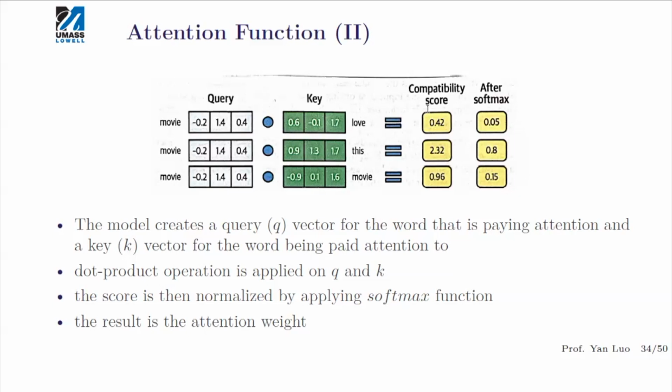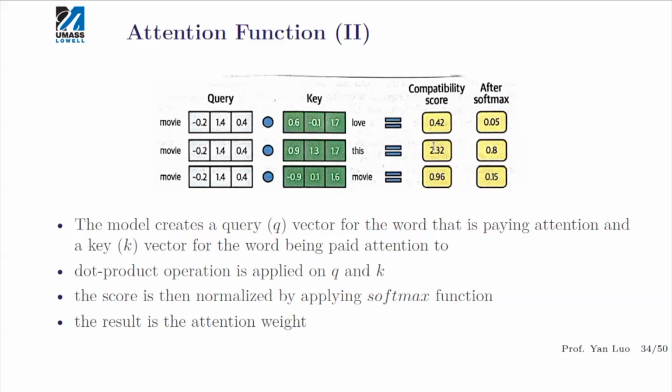For this key, the score is 0.42. For the second key, the dot product gives us 2.32, and the score for the third key is 0.96.